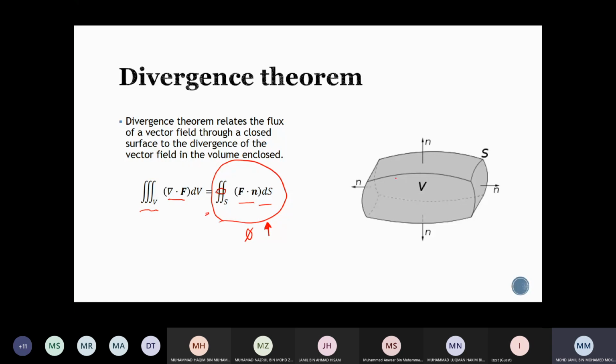Basically, you calculate the flux of the vector going through each surface and then add up all of them. If you have 6 surfaces, you have to calculate 6 times. But if you apply the divergence theorem, you just need to calculate the divergence of F and then integrate the divergence 3 times. What it means to integrate 3 times, we will look at in this example.